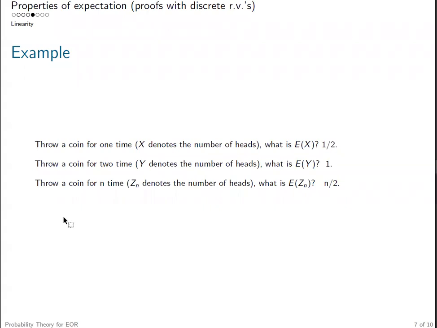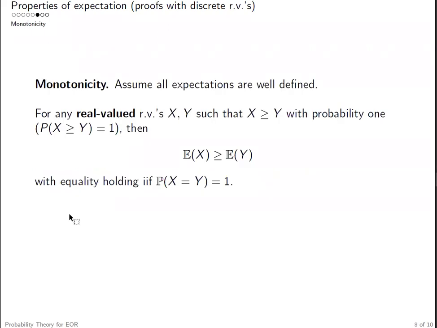What is the second expectation property? The second property is monotonicity. Again, we assume all expectations are well defined.